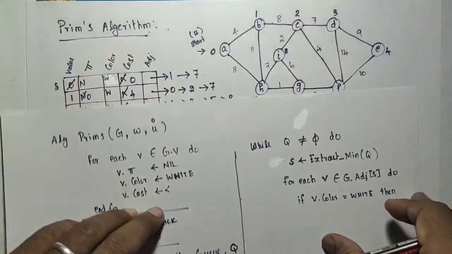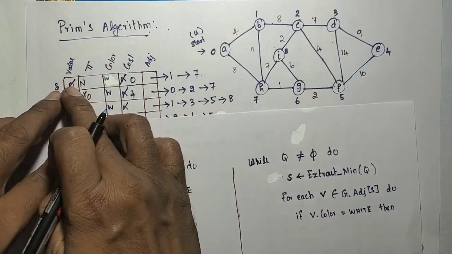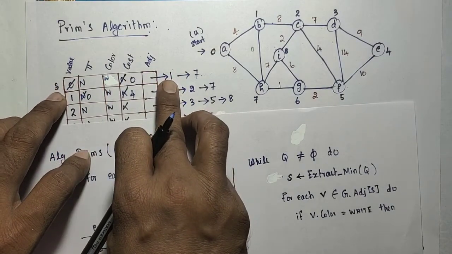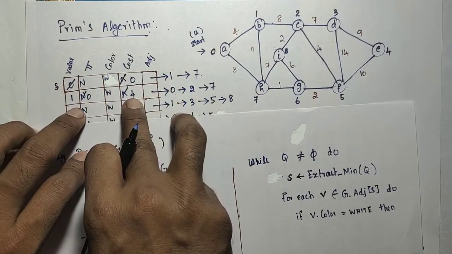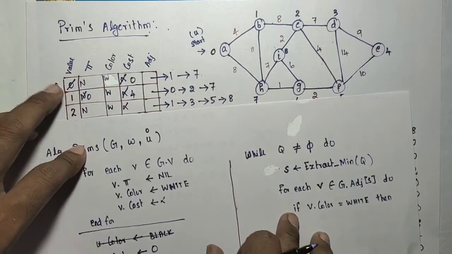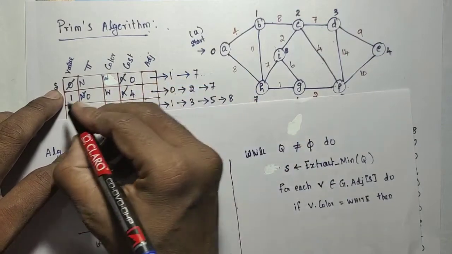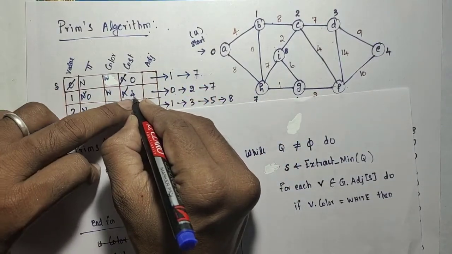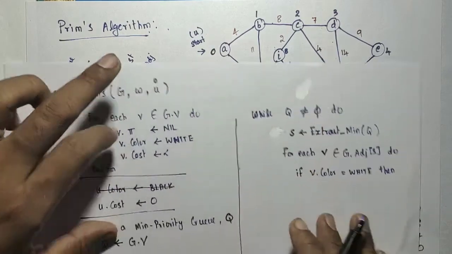We need to check another condition, that is the cost s to v is less than the cost of v. So this is s and this is v, s to v cost, which is less than v dot cost, then you need to do that updation.